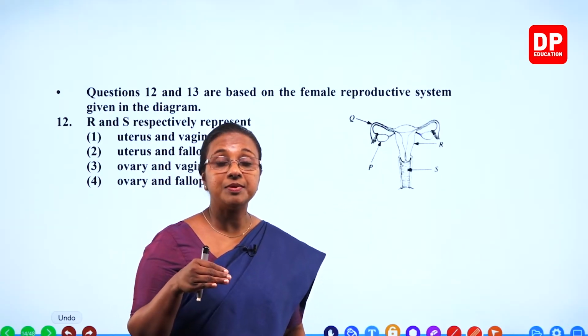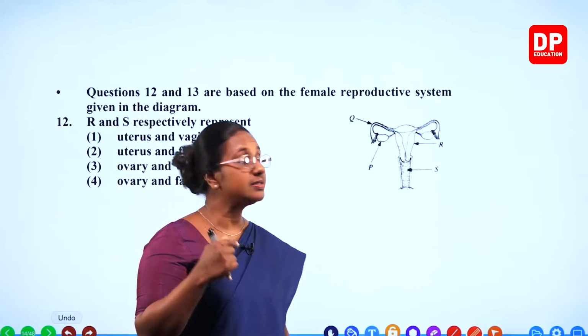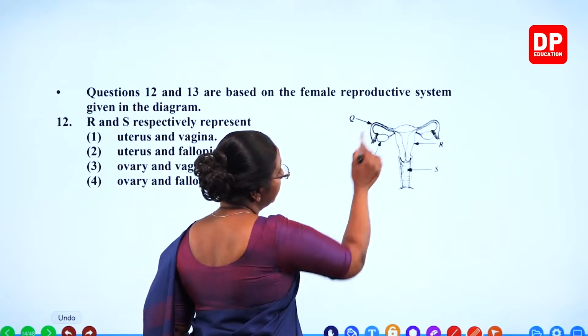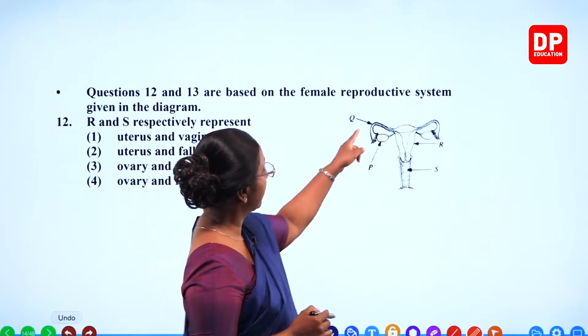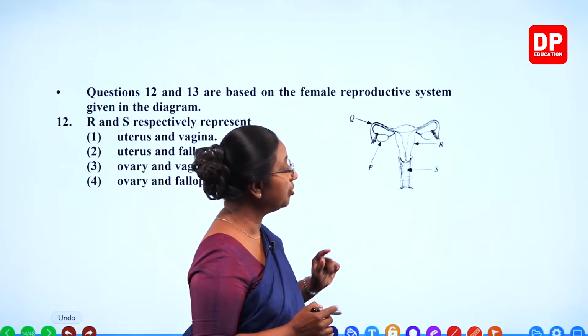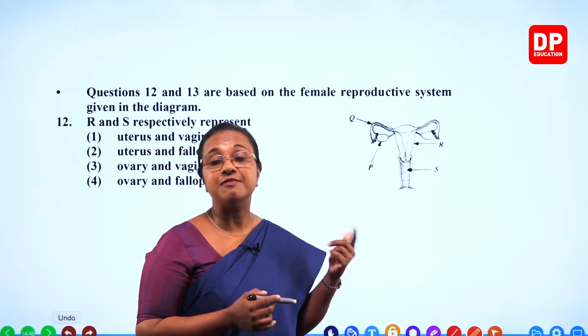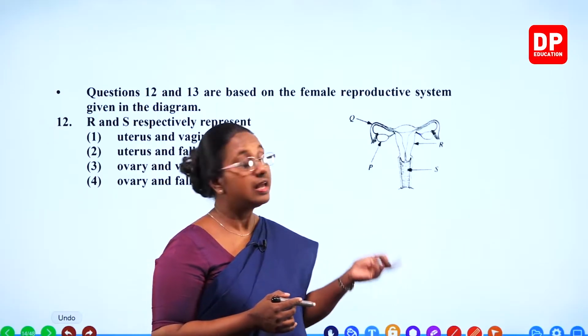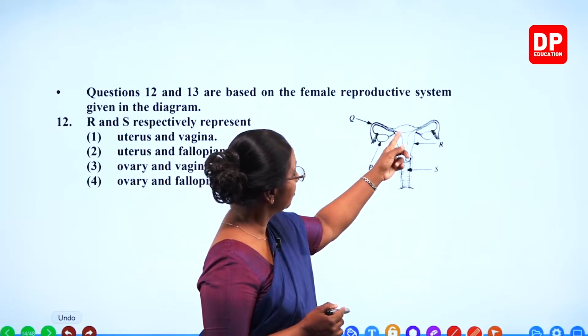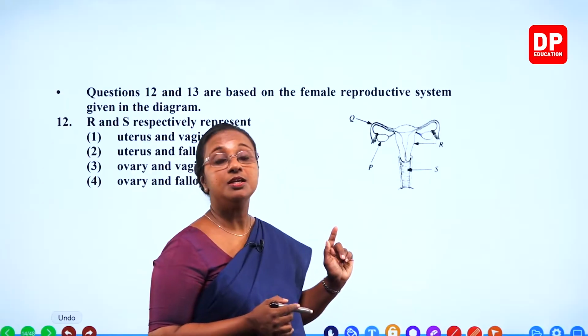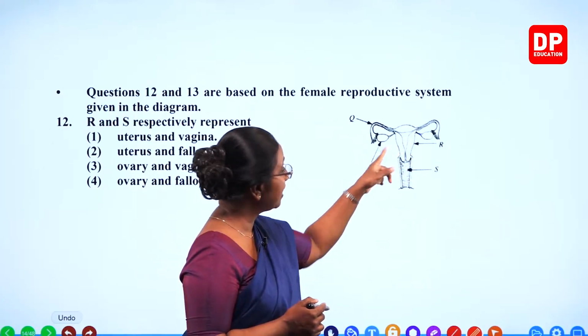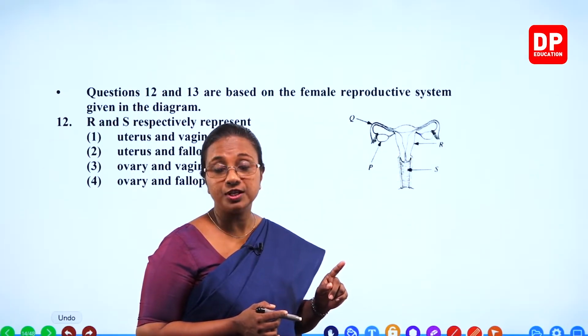With the movement of the fimbria, the finger-like projections, the ovum is directed into the fallopian tube. Somewhere here in the fallopian tube, the sperm and egg meet and fertilization takes place. Thereafter, the fertilized zygote rolls back into the uterus and gets embedded into the wall of the uterus.